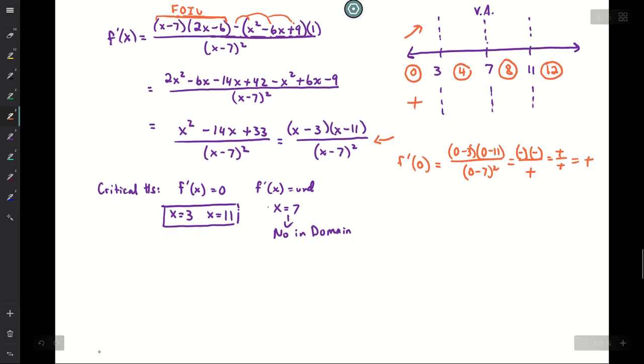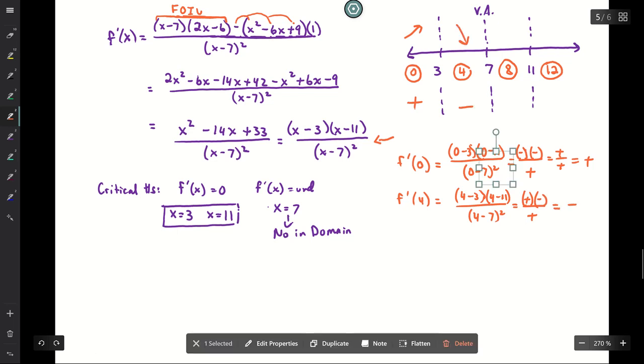All right, the next one, f prime at 4. So there we have 4 minus 3, 4 minus 11, and then all over 4 minus 7 all squared. Bottom is positive no matter what since it's squared. 4 minus 3 is positive. 4 minus 11 is negative. This is going to be negative overall.